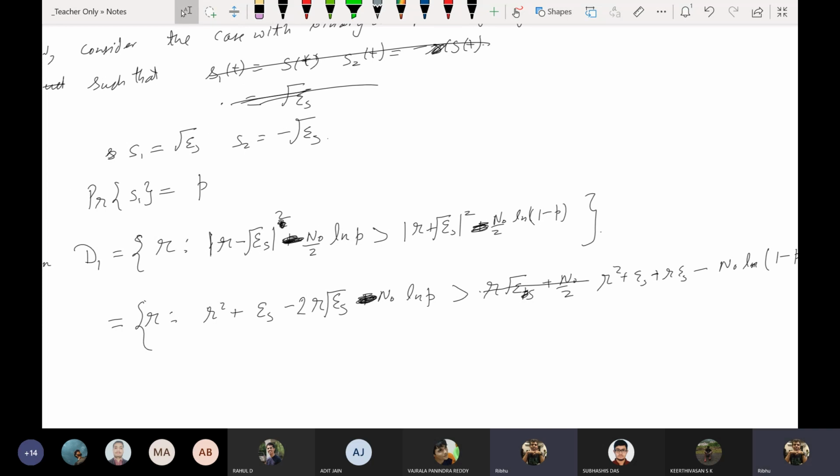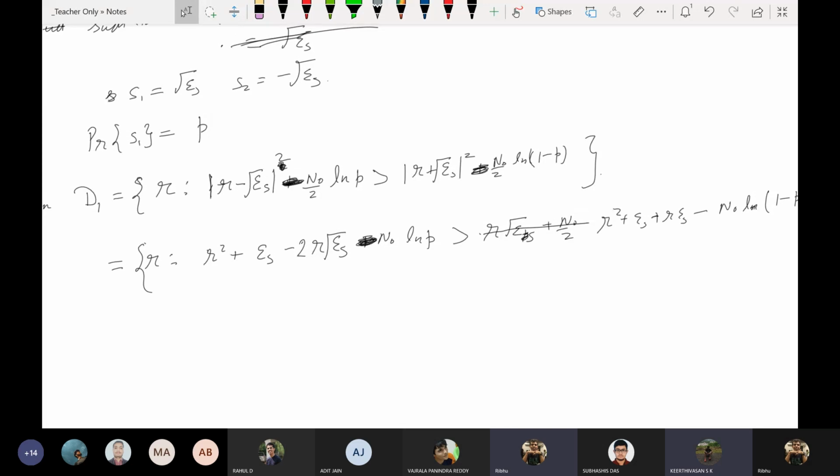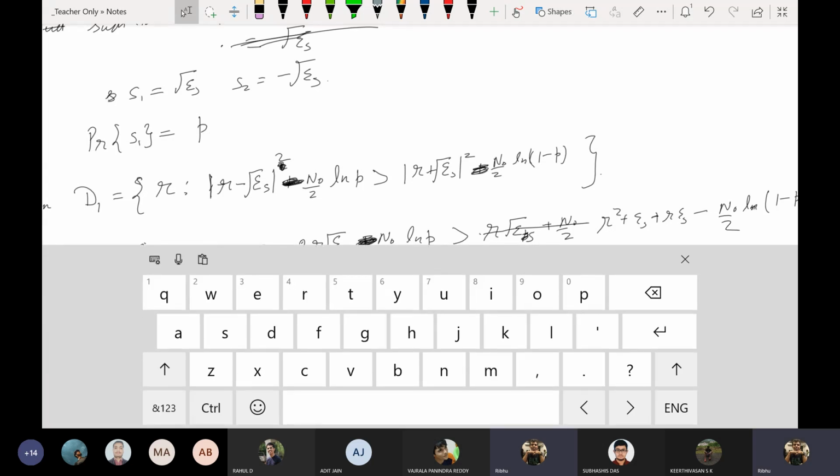Here N naught by 2 is the noise variance. We showed that two or three lectures back.